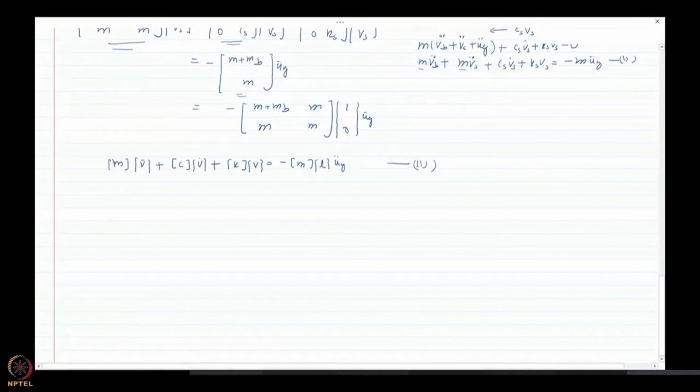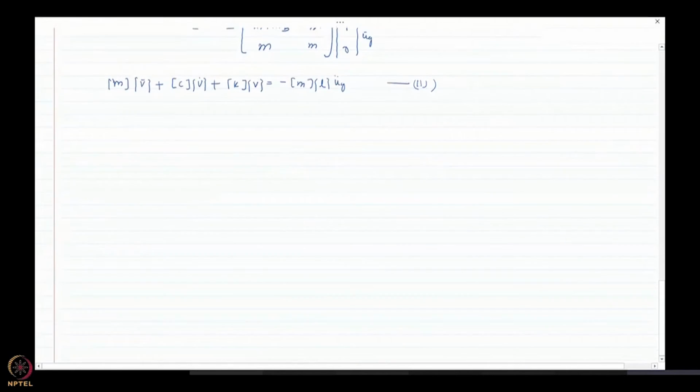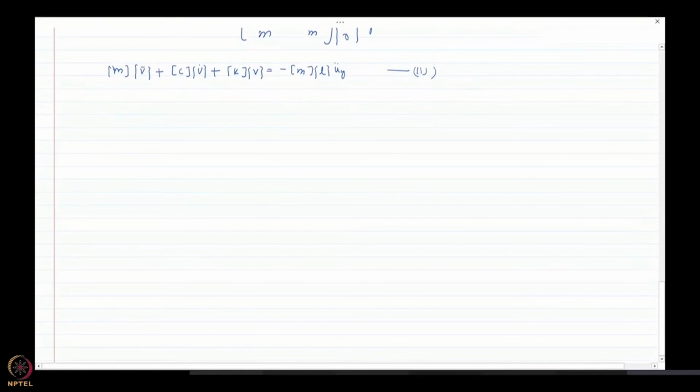But before we get into that, let us define some useful quantities. Remember, whenever we talk about a fixed base building and a base isolated building, we always compare the frequency of the fixed base superstructure, or the building, to the base isolated structure, isn't it?